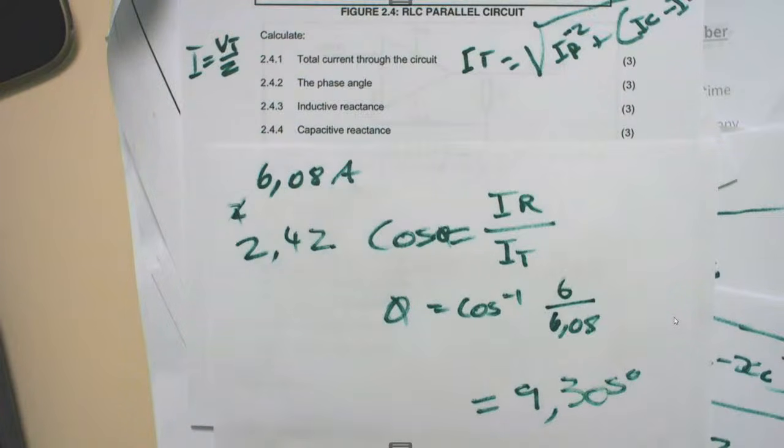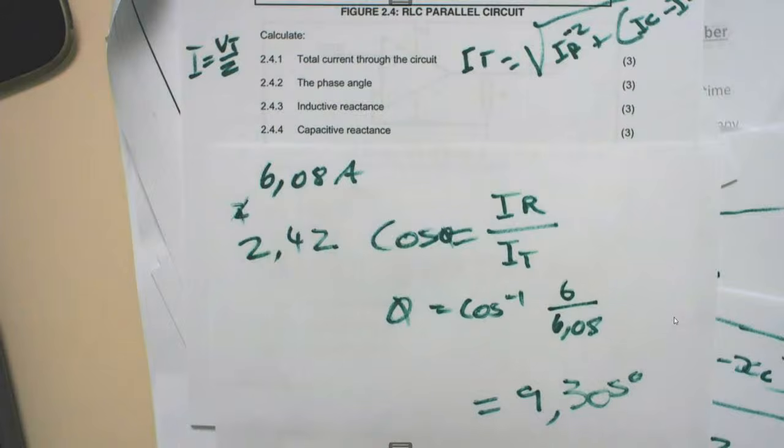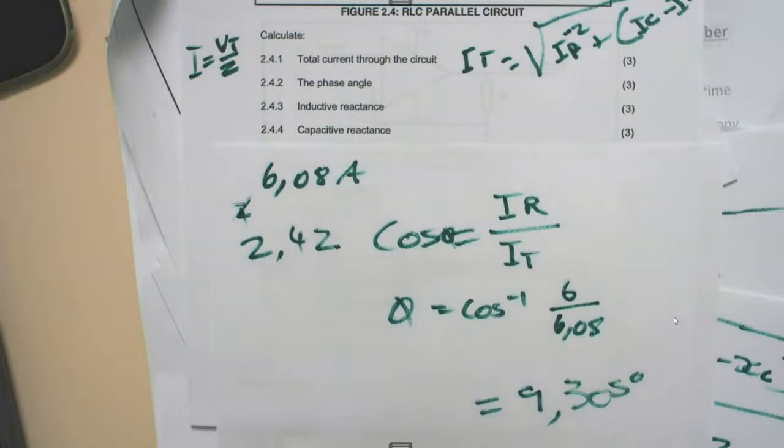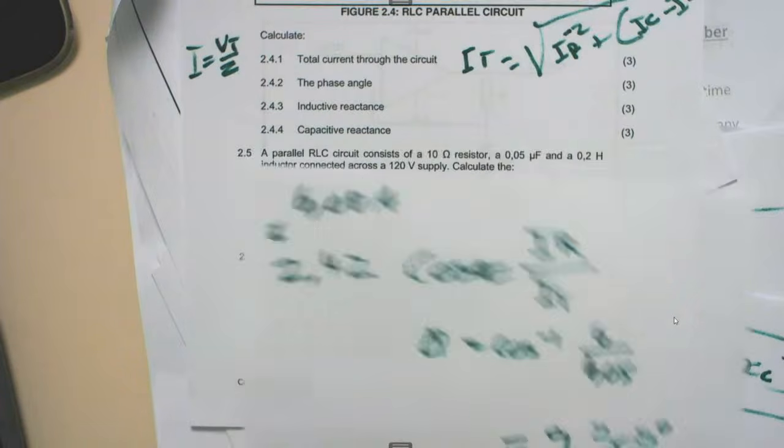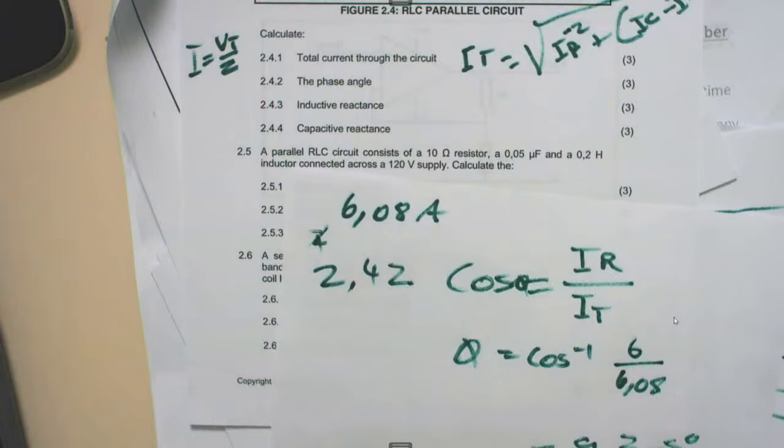In this case, it's not a resonance circuit. Let us go there. We've got 240 over 5, which is our IL. In this case, it's 48 ohms.